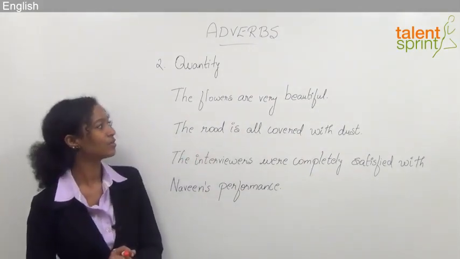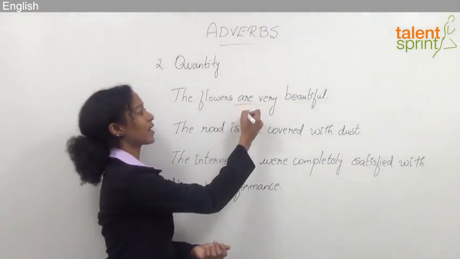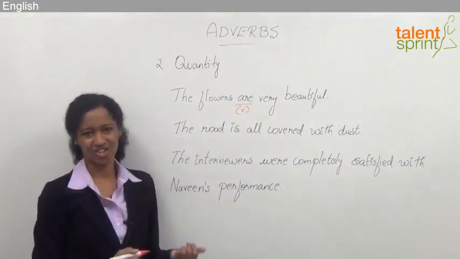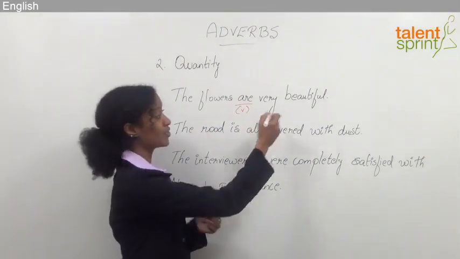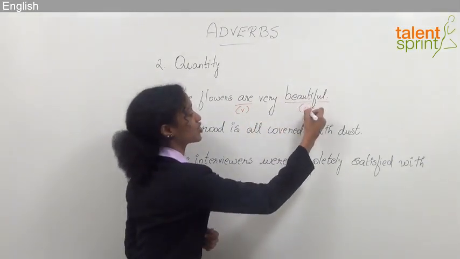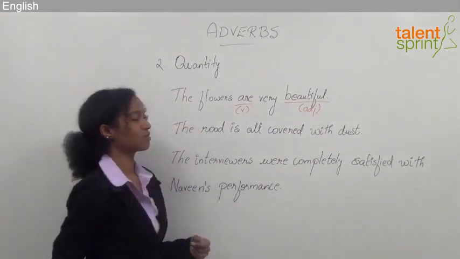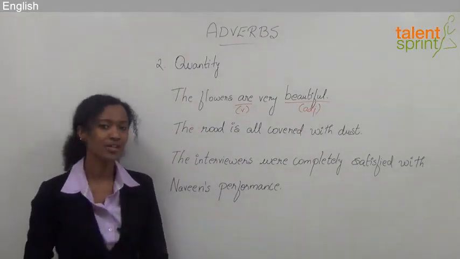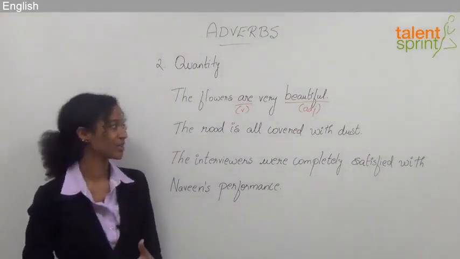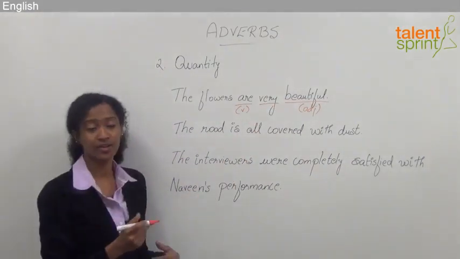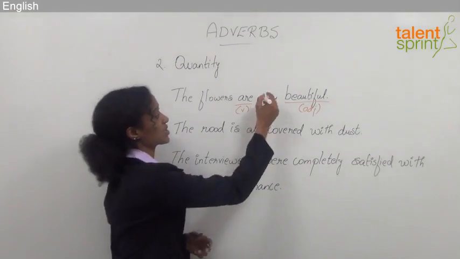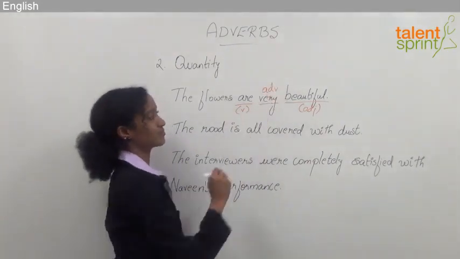Here I know that are is my auxiliary verb. Very, I don't know what that is. Beautiful is an adjective. So how beautiful are the flowers? They're very beautiful. So here it tells me the extent, or the degree of completion.